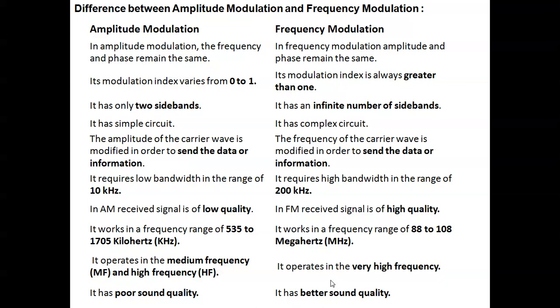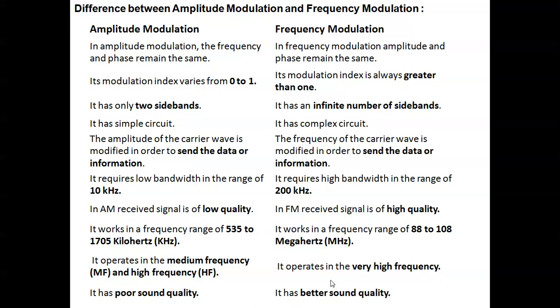Finally, the difference between amplitude modulation and frequency modulation. We already saw amplitude modulation in the first unit and frequency modulation in the second unit. Amplitude modulation is used wherever poor sound quality is acceptable. For better sound quality you go for frequency modulation.